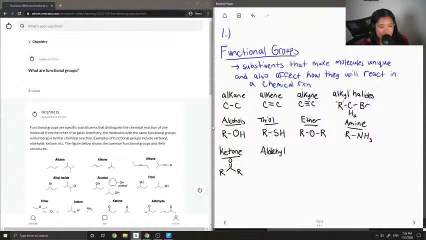And what's similar to ketones are aldehydes. So again, there is a double bonded oxygen, but the only difference is that it's at the end of a carbon group. So instead of being bonded with two carbons, it's bonded with a carbon group and a hydrogen.